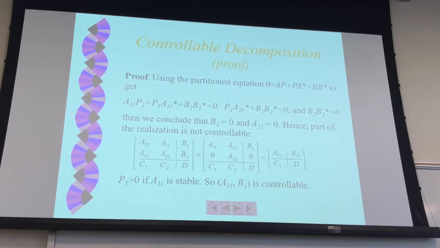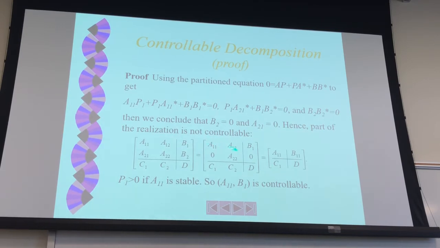Then we write the other equations for the other blocks. B2 is 0 and A21 is 0, so that part of the realization is not controllable.